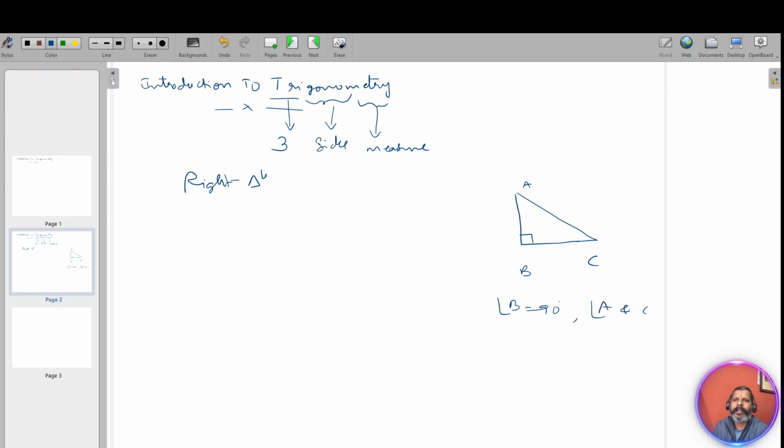So they are called acute angles. Angles which are less than 90 degrees are called acute angles. So trigonometry always deals with the right triangle and acute angles.